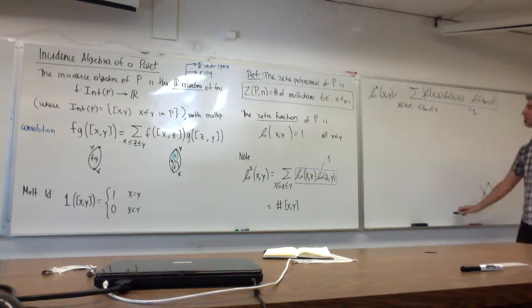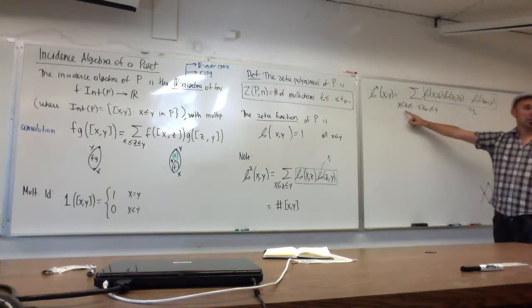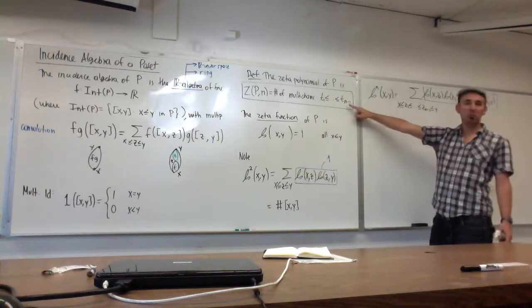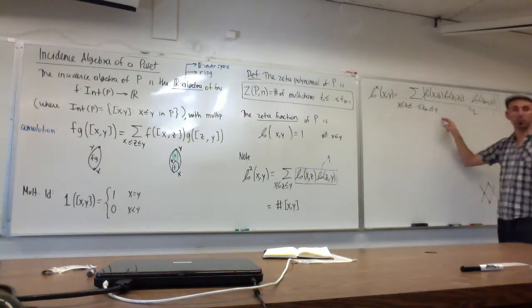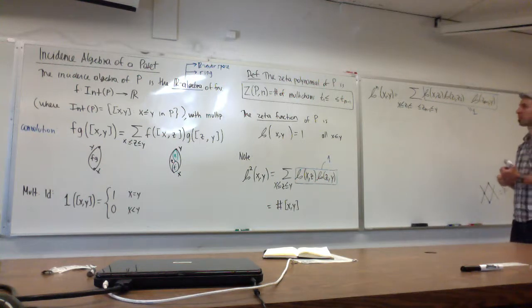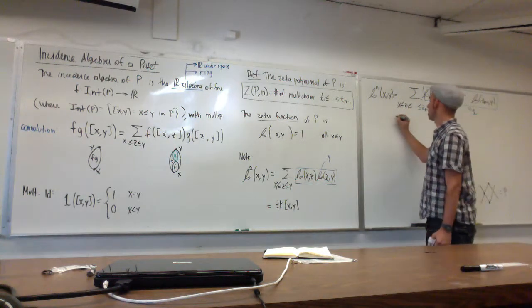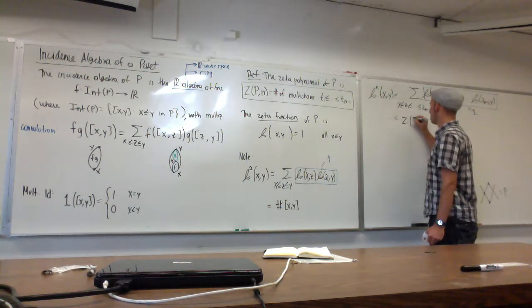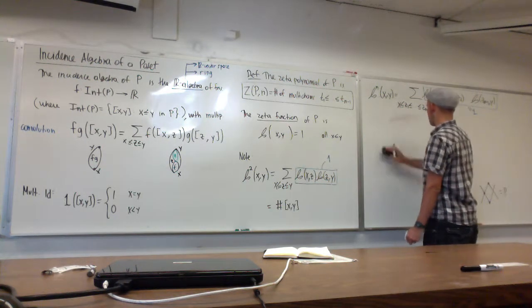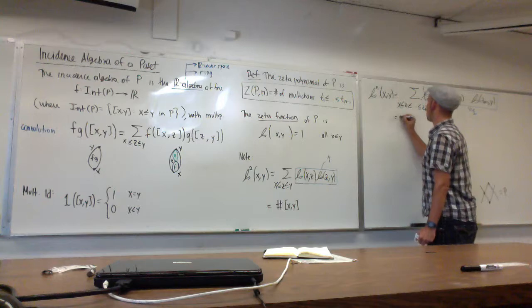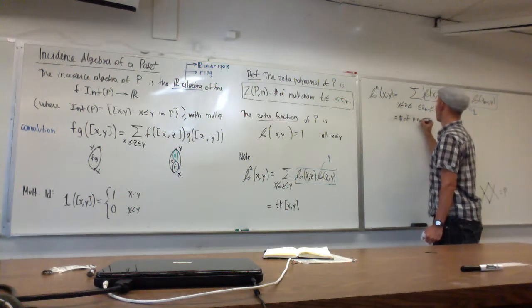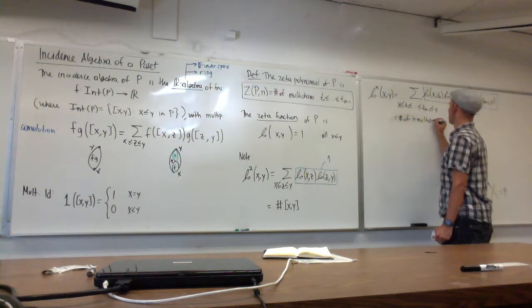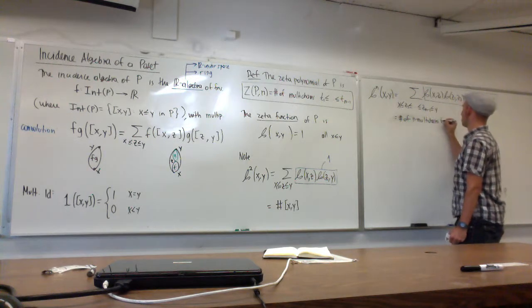How many ones? The number of ones is exactly the number of multichains between x and y, right? So this is actually just the number of n multichains from x to y.